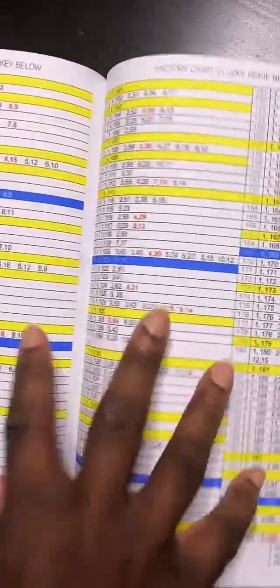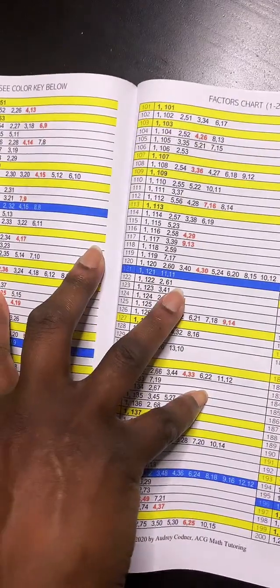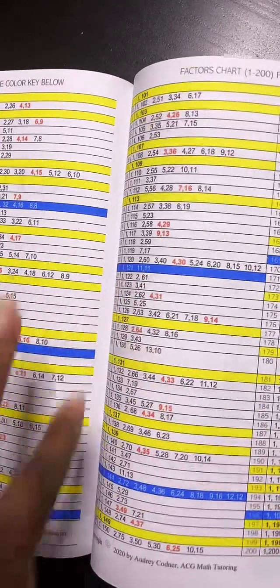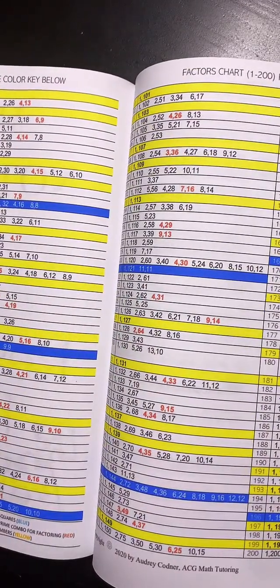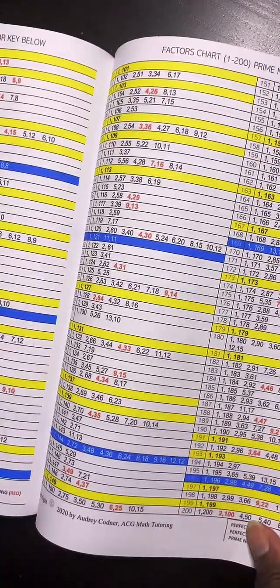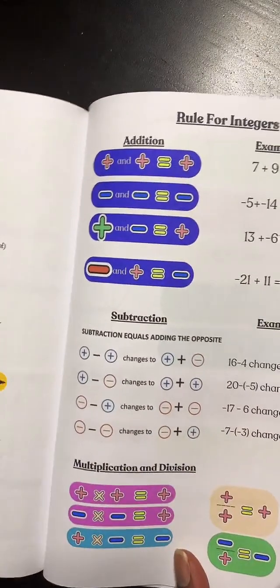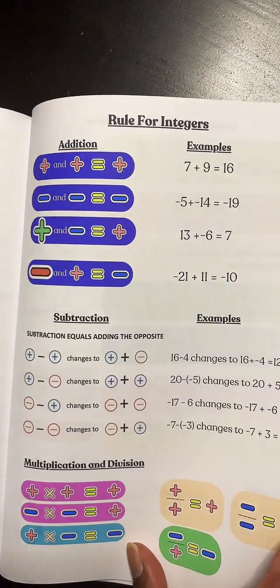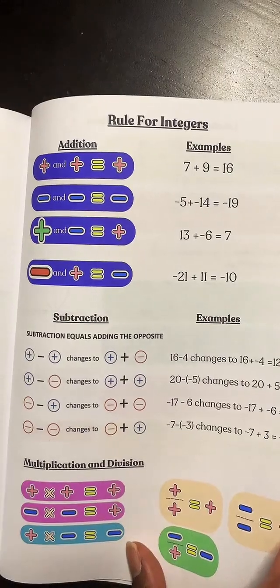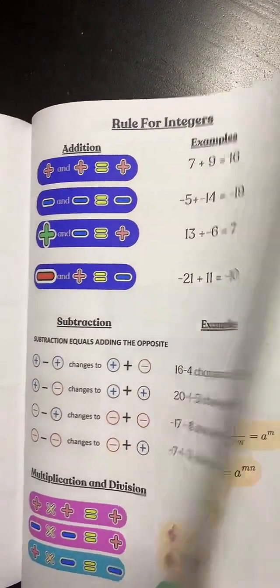This book is really designed for the 7th graders that are taking Algebra 1 all the way up to college, just to give them those assistance, as well as some of the rules and regulations that most of us just cannot remember because there's so much to remember with math.